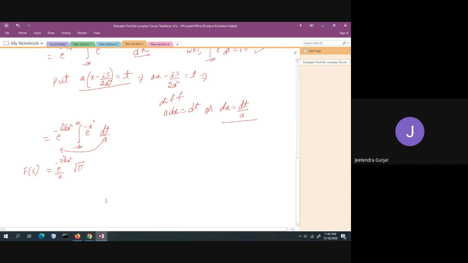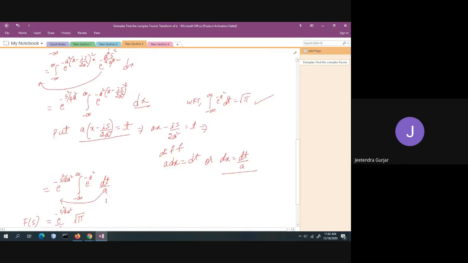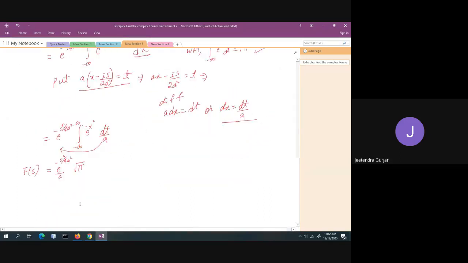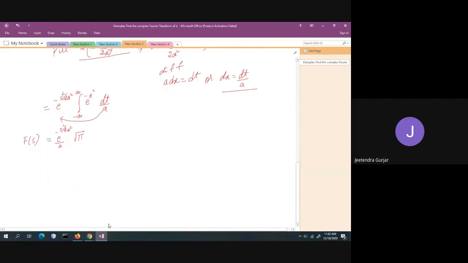Now what we have to show is to deduce that e raised to minus x square upon 2 is self reciprocal. Yes, still we have not finished. To show that this is self reciprocal, I will modify this. I will put a square is equal to 1 upon 2, or a is equal to 1 upon square root 2.